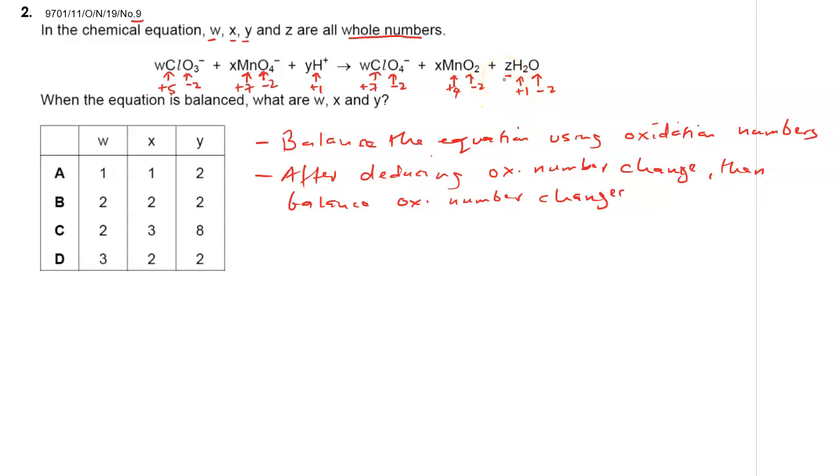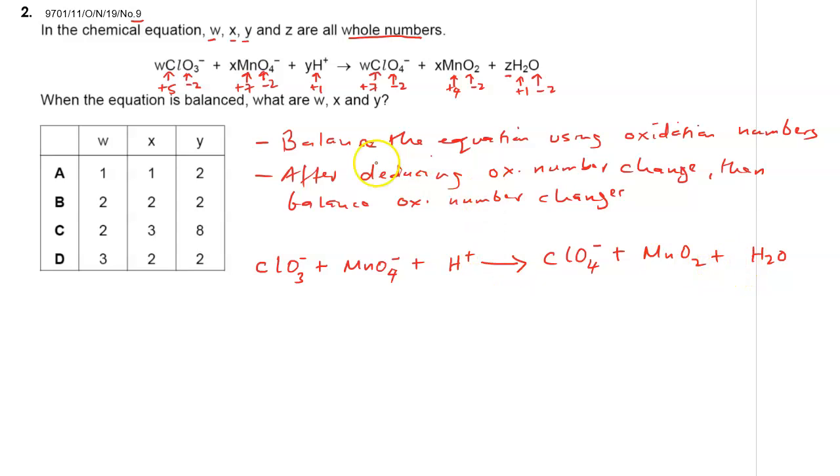Now we can write the equation here afresh, so that we balance the oxidation numbers. This ion plus this ion plus hydrogen ion will give us this ion plus manganese 4 oxide plus water.